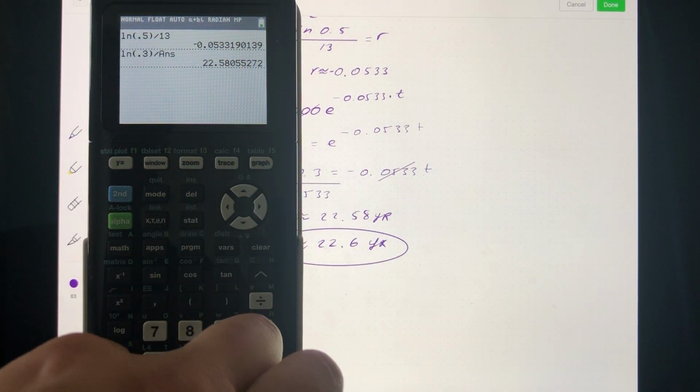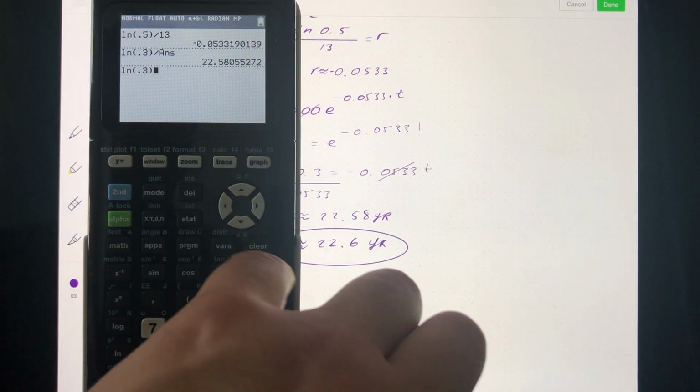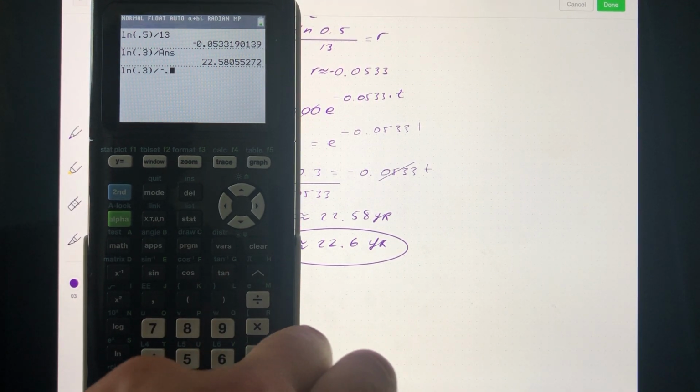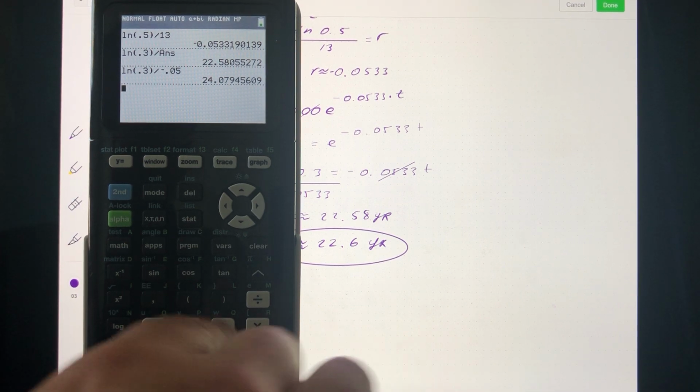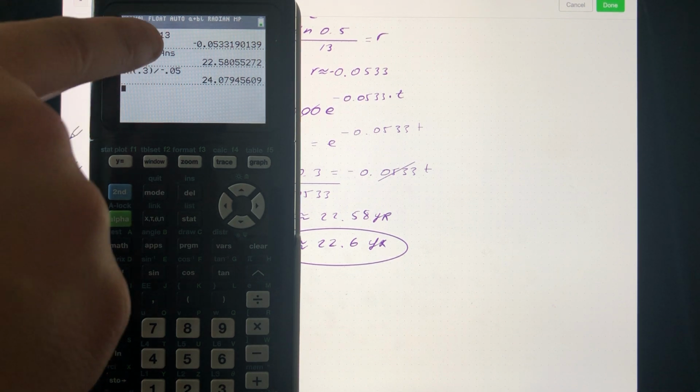So if I type in ln of 0.3 divided by negative 0.05, the answer now becomes 24 years. So the difference is now 1.5 years, just by changing a few decimal places. So that's why we keep more decimals when we deal with exponents, because there is a big difference between these two results.